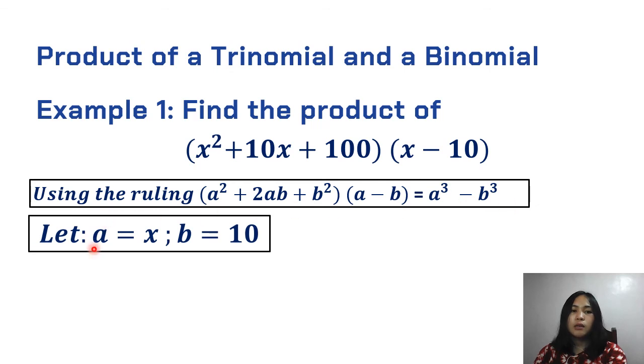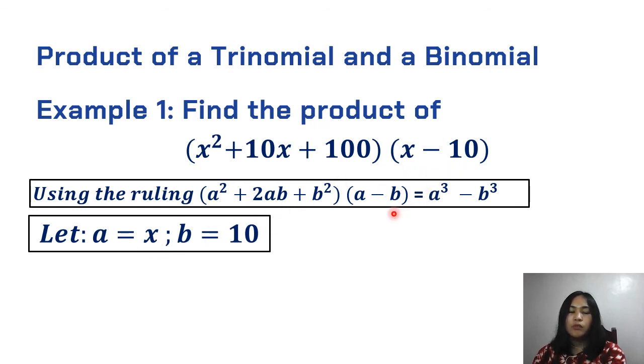Now, let a, yung a natin si x, and si b natin si 10. So, in finding A and B, yung titingnan natin always is yung si binomial. So, in finding A and B, ano yung titingnan natin? Si binomial. That's why yung A natin si x and si B natin si 10.